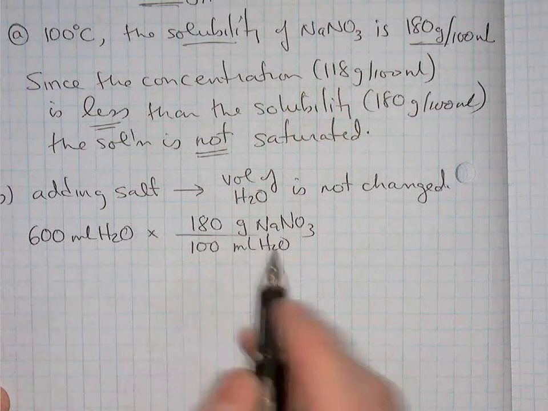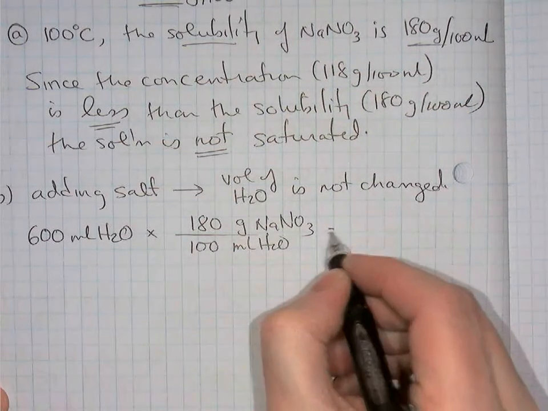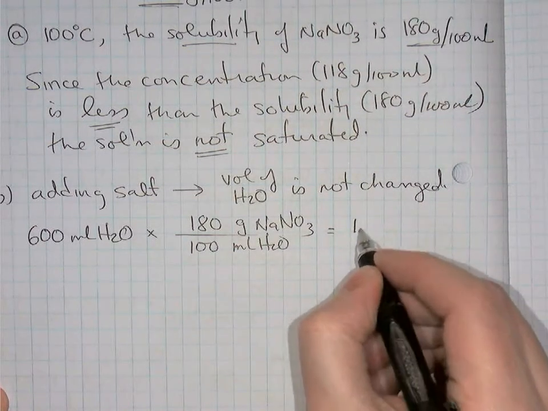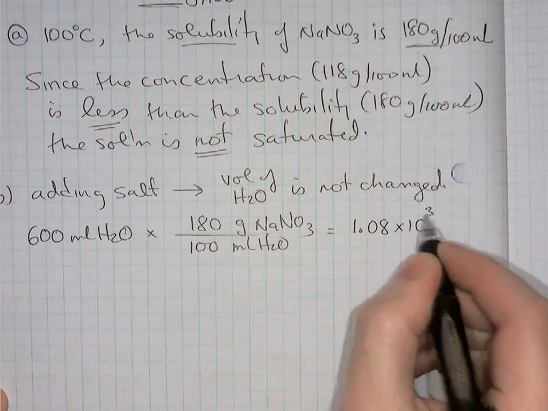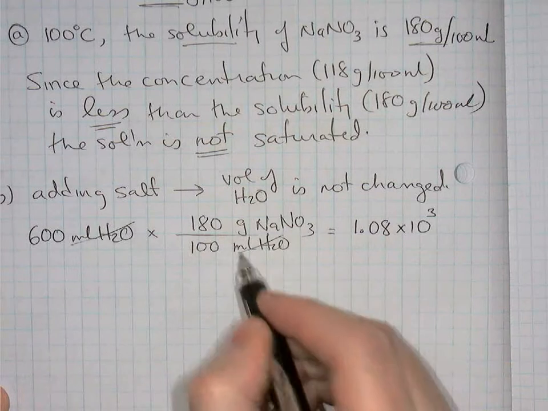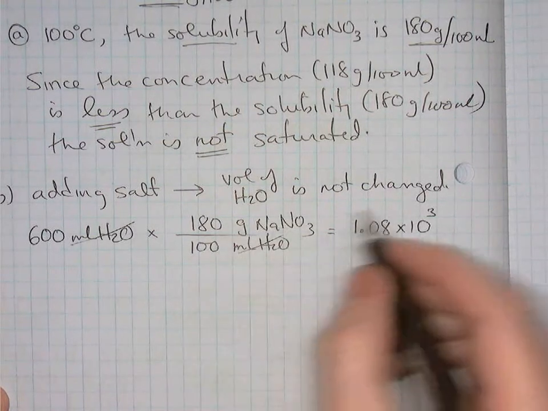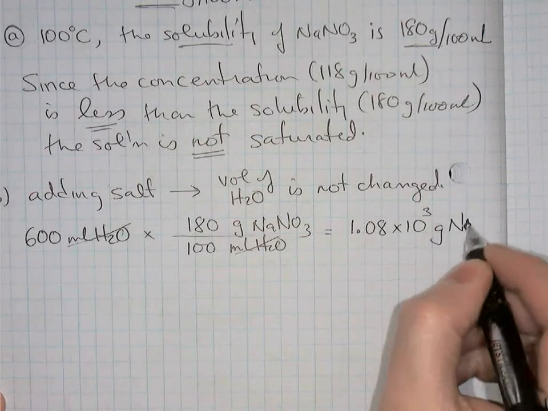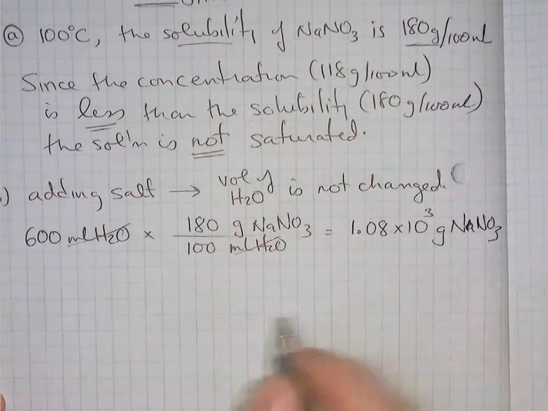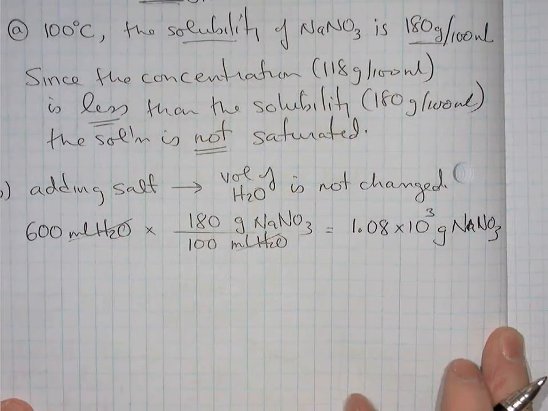Now I want 3 significant digits, so I'm going to switch that to scientific notation. 1.08 times 10 to the 3, and since the volumes have canceled, what we've just calculated is the mass of sodium nitrate. It's so many grams of NaNO3. Now what would be a reasonable statement to go with that?